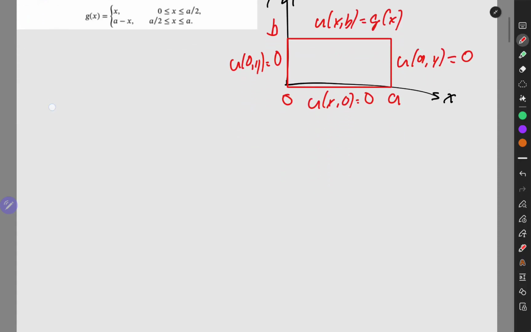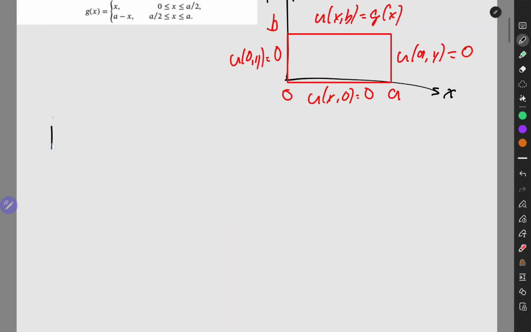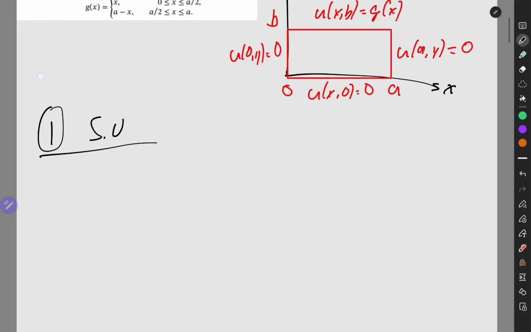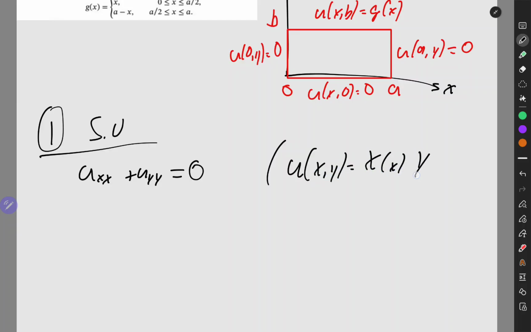Let's go ahead and separate the variables. Remember, still the same steps. Step 1, separate variables. Remember, we're going to define our u, let me put this in parentheses, u(x, y) is equal to X(x) times Y(y).